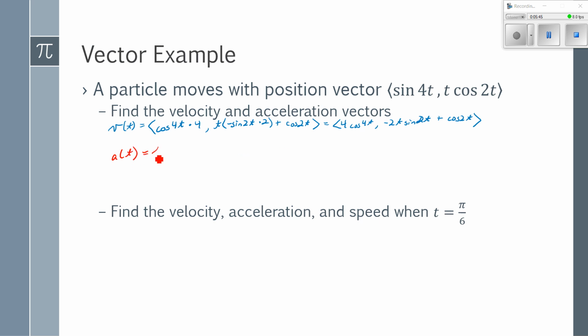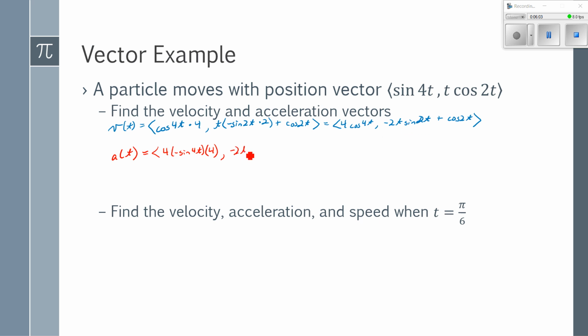The 4 is a constant multiple times the derivative of cosine, which is negative sine. Inside stays the same, but then times the derivative of the inside because of chain rule. For negative 2t sine of 2t, that's a product, so I have to do the product rule.